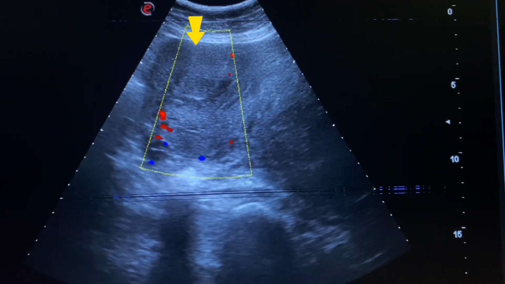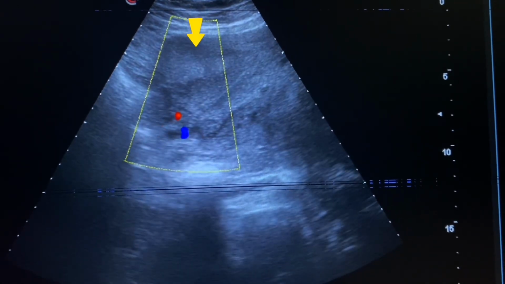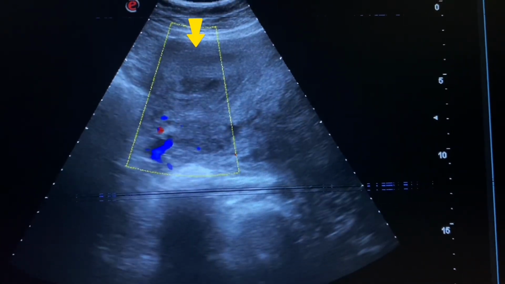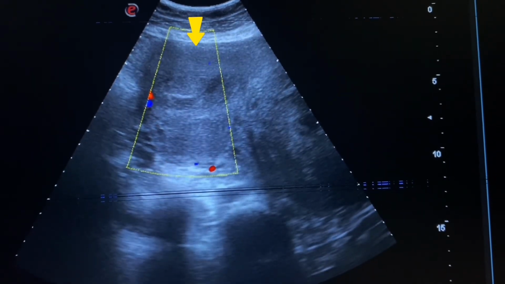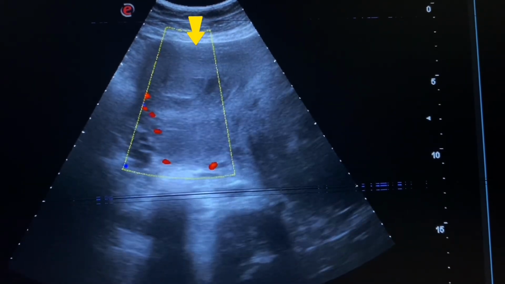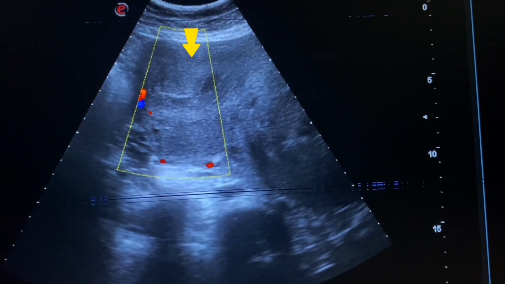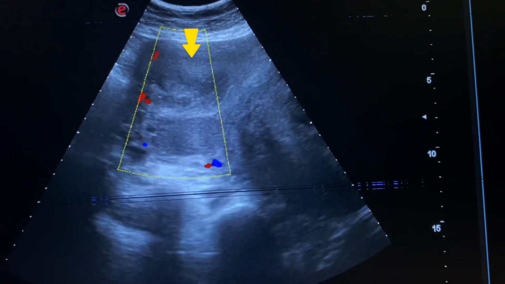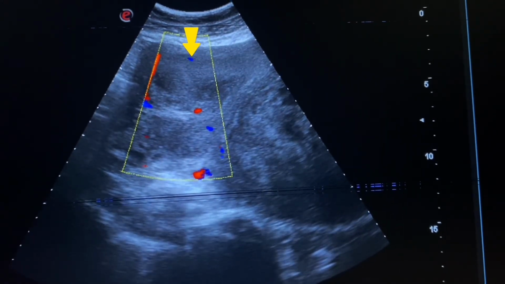Now we will scan the blood flow in this mass. Only peripheral flow is present and minimal flow is present in the mass.